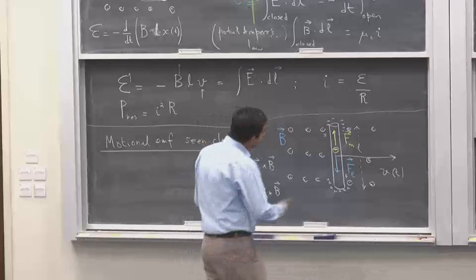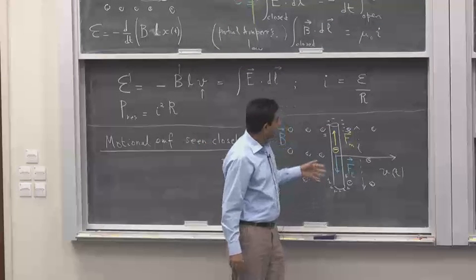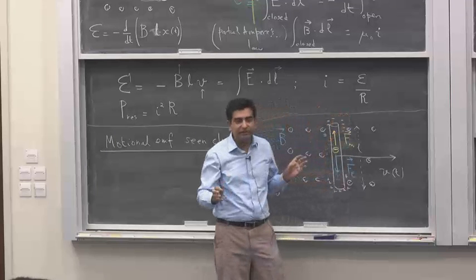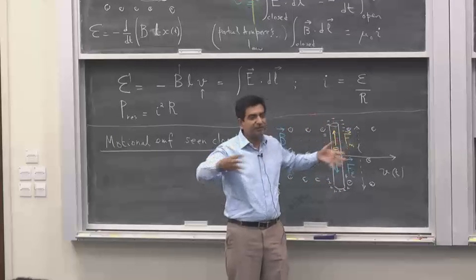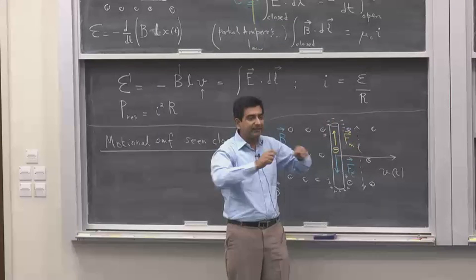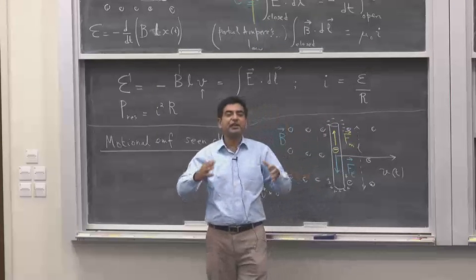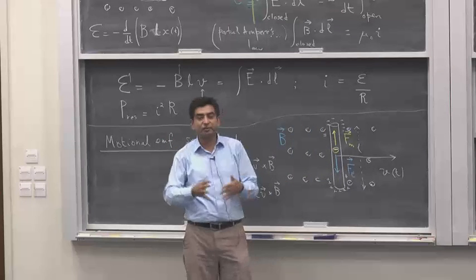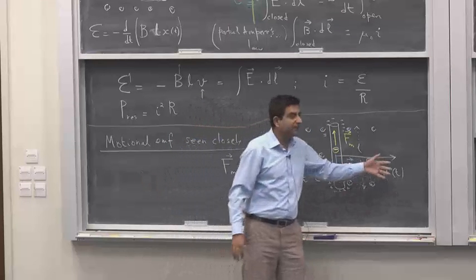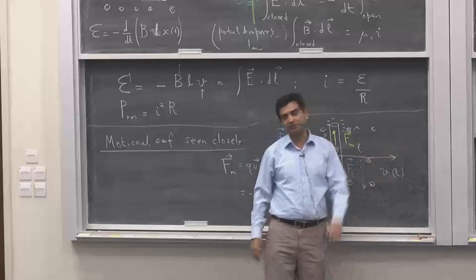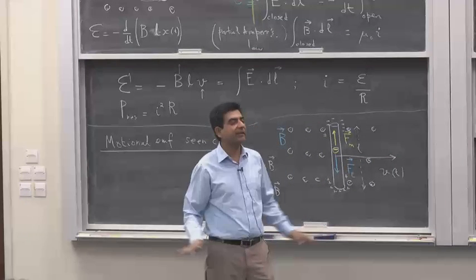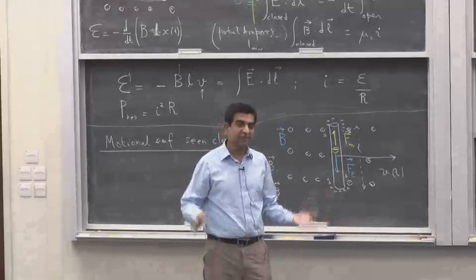And when that stage is reached, the amount of charges on the top and the bottom surfaces remains constant, remains steady. And this rod achieves a state of equilibrium. Equilibrium really means that this electron experiences no force. And this conductor can keep on moving with a constant speed. So nothing is accelerating. There's no net unbalanced force on anything. That's a state of equilibrium.